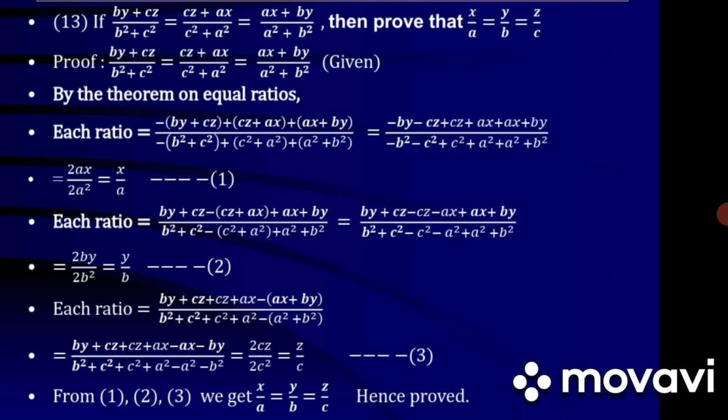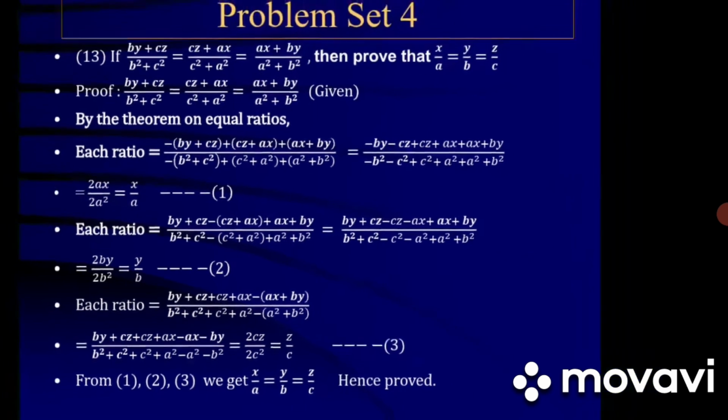Eliminating by and ax from the numerator and b square and a square from the denominator, we get 2cz upon 2c square, and that is equal to z upon c, which is 3. From 1, 2 and 3, we get x upon a is equal to y upon b is equal to z upon c, hence proved.